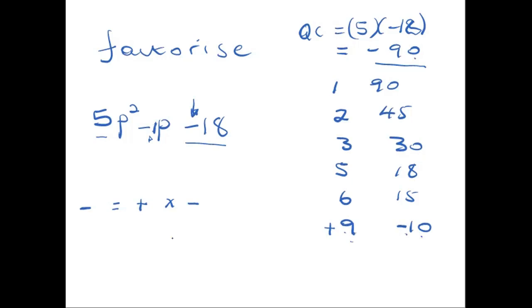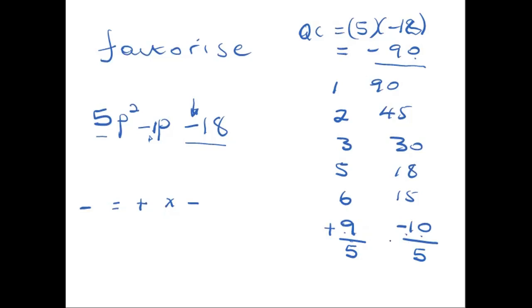Let's move to step 3. We have to divide these two numbers by the coefficient of p squared, the value of a. This time, the value of a is 5. So I'm going to divide these two numbers by 5. The last step is to simplify these two numbers and write out the trinomial factors. 9 over 5 is in the simplest form and cannot be simplified further.